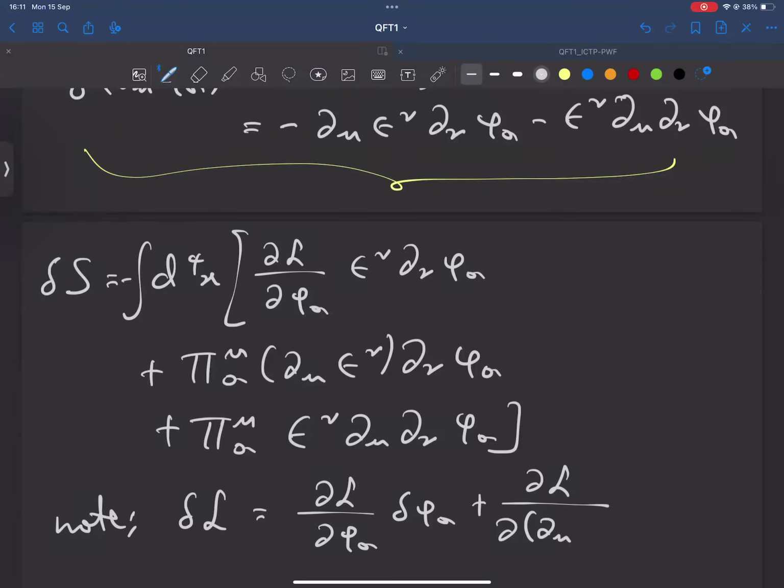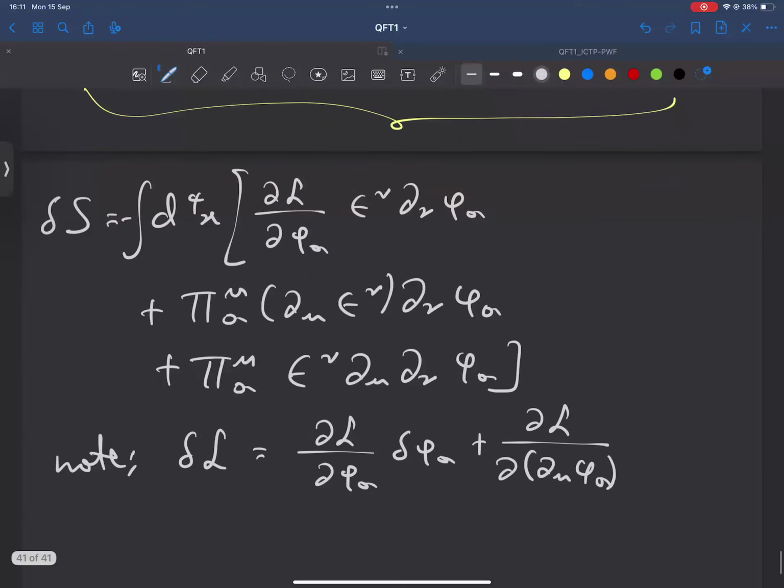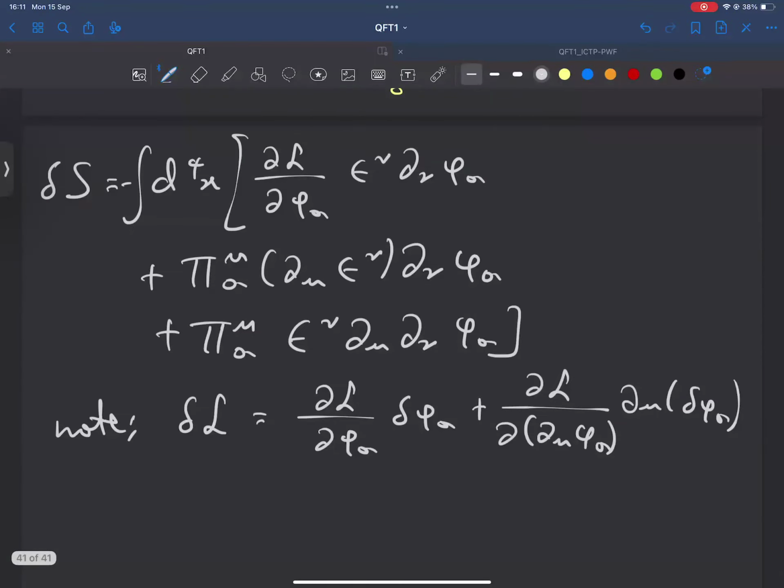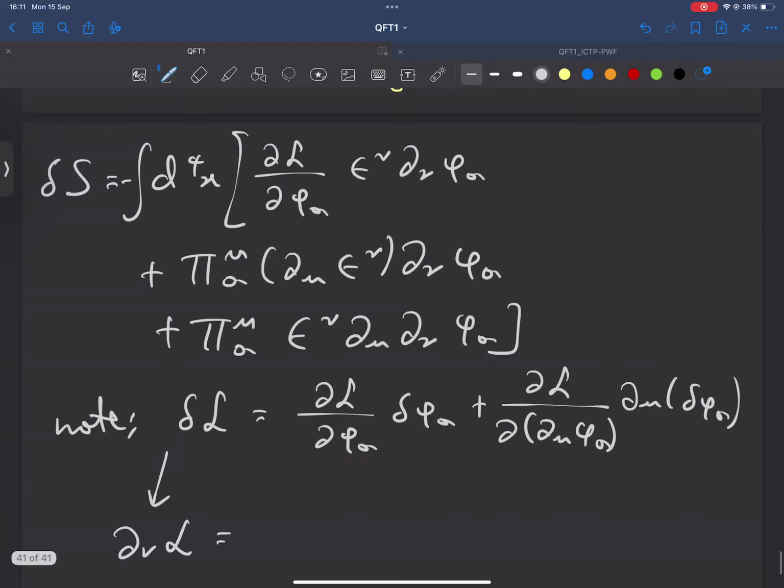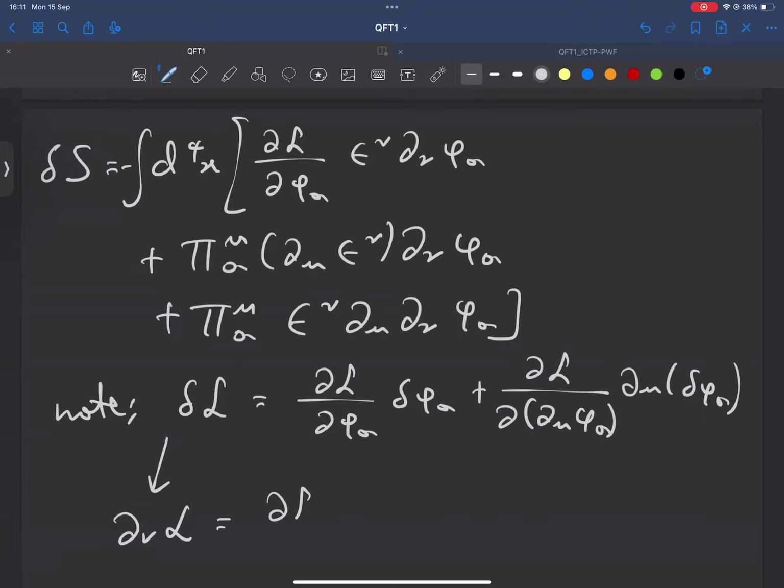So that is just this. Now from here, we can write down that if we vary the Lagrangian with respect to a space-time derivative, then it just becomes this, where this pi is this quantity.